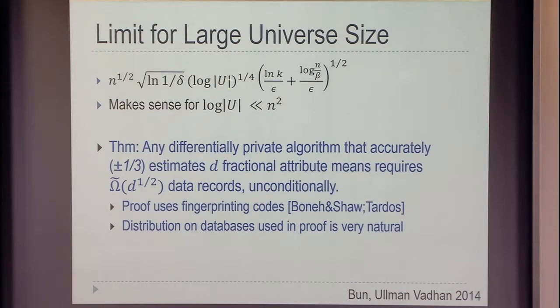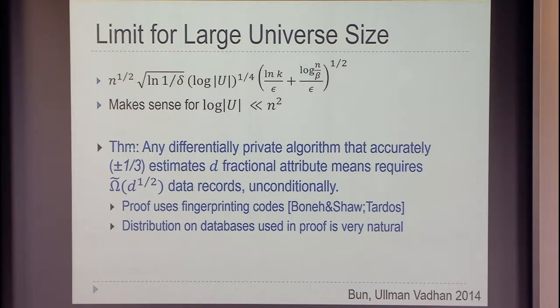So we have a square root of n here and a square root of n here. That's big. That's an error that looks like n. But if you have the log of the universe size, the number of attributes, much less than n squared, then you get meaningful answers again. And that's kind of the best you can do.